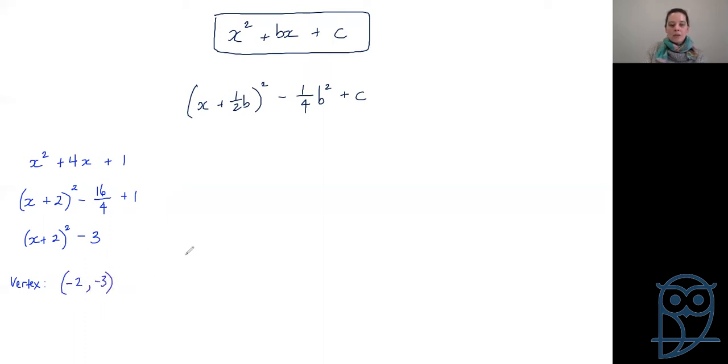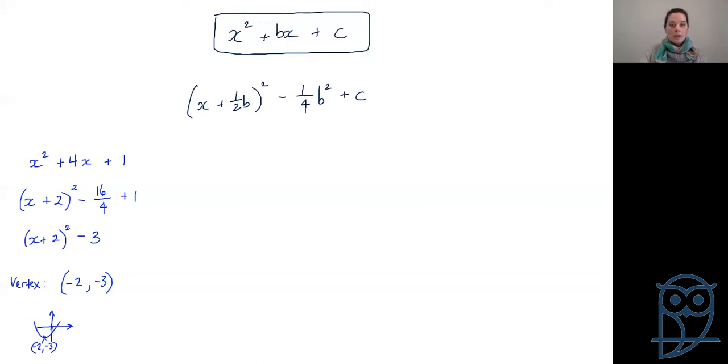So minus 2, minus 3 is our vertex. We see he's a happy quadratic, so we could even go so far already as to know our quadratic is sitting somewhere down here. Minus 2, minus 3. So we're building that understanding. We're getting to know the quadratic.